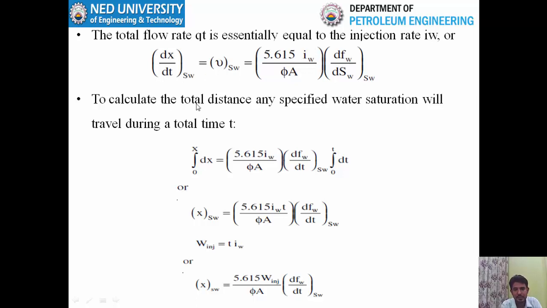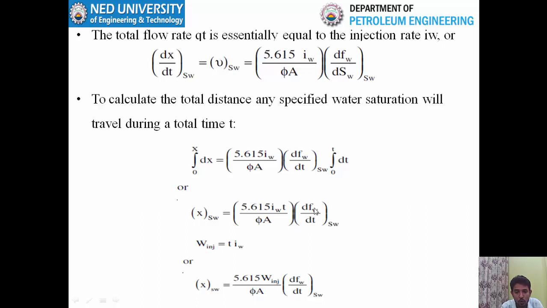To calculate the total distance any specified water saturation will travel during a total time t, basically this is the equation to calculate the position of the waterfront or the position of any particular saturation of the front. You need time, you need injection rate, you need porosity, you need area, and you need the slope, again this is dFw upon dSw.